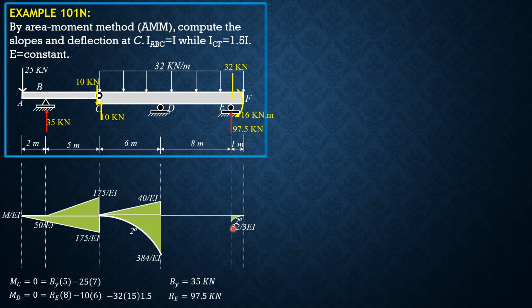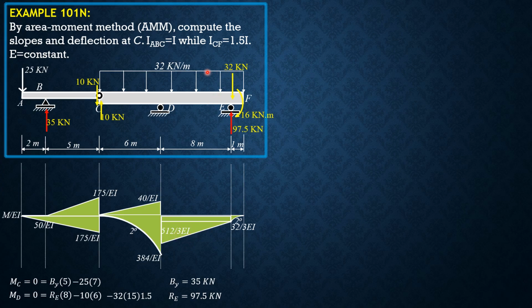Then divide by 1.5, that's why you have 32 over 3 EI. Then let's transmit it to D. Sorry, we selected D as moment center. That's why I did not solve for reaction at D. Then moment due to the 32 kilonewton load, 32 times 8 divided by 1.5. The height is 512 over 3 EI.